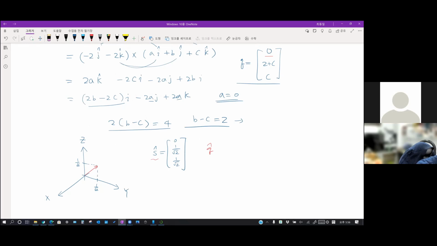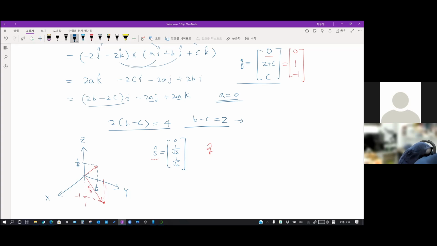So if we choose some point in the Y direction, let's choose this one, here is 1. If the Q point located on the y-axis is equal to 1, then C should be minus 1. So the Q point becomes some point here, minus 1. So this is the Q point.